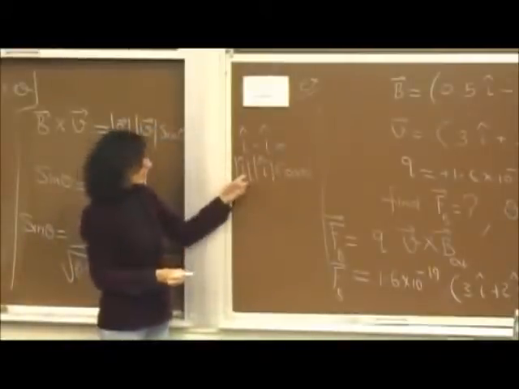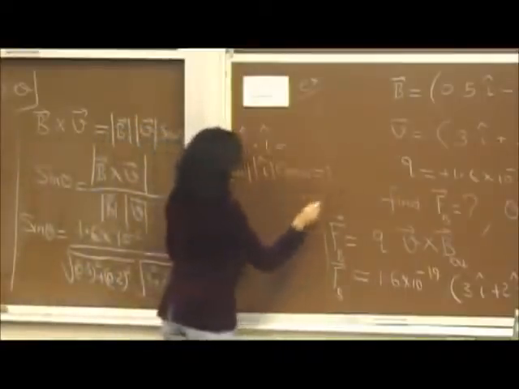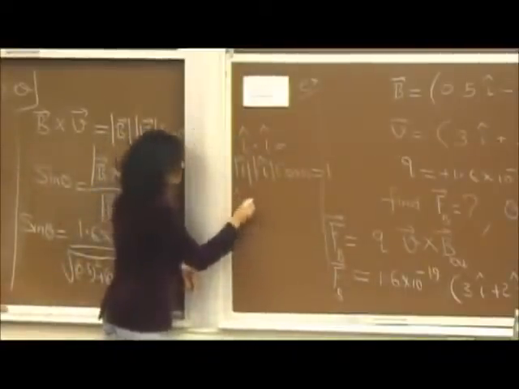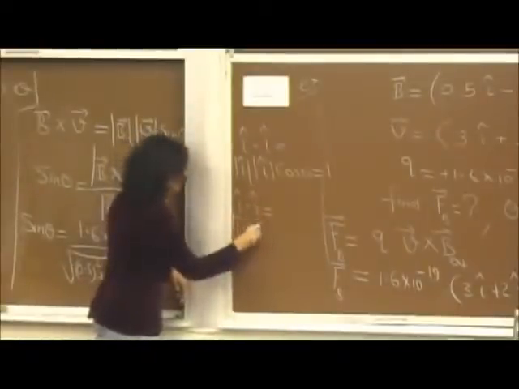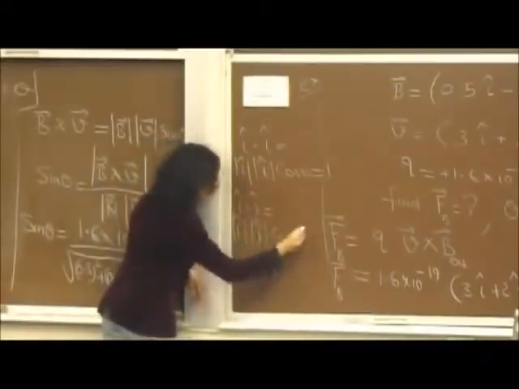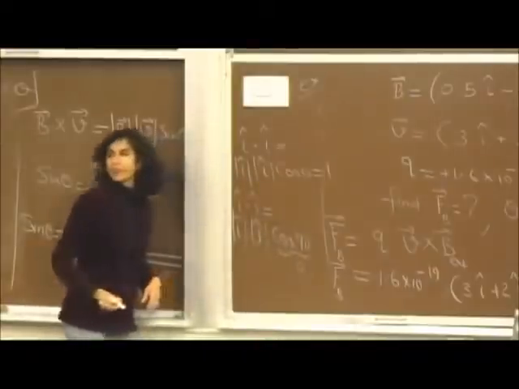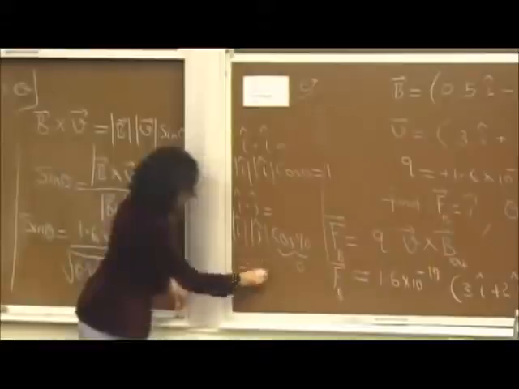Cosine 0 is 1. Magnitude of a unit vector is always 1, right? So this is 1. Okay, what is i hat dot j hat? This is going to be magnitude of i hat times magnitude of j hat times cosine of the angle between i hat and j hat, which is 90 degrees, and cosine 90 is 0. By the way, all these magnitudes of the unit vectors are still 1, but the overall thing is 0.